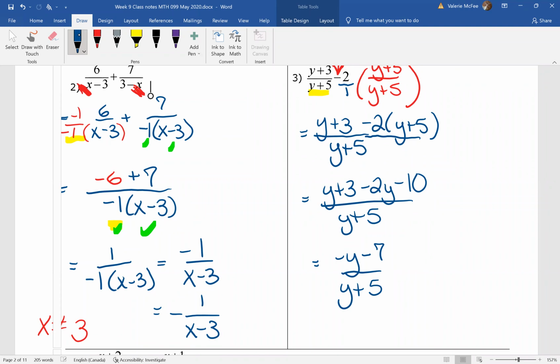This is fine. But if you decided to factor out the negative, think about that. I hope you see that this is an equivalent expression. This also would be correct.